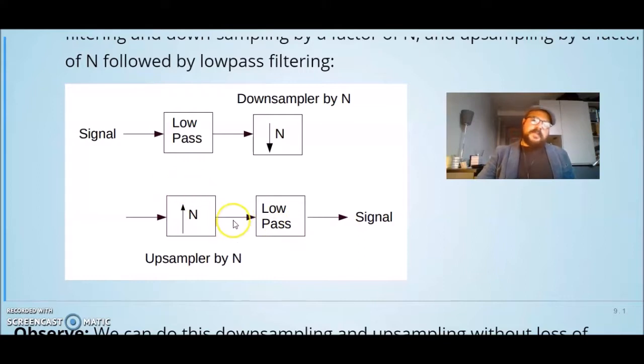So at this point, our signal has a sampling frequency of 32 kilohertz, but it has these alias components that we will remove after we apply a low-pass filter with a cutoff frequency of 8 kilohertz. So now our signal has a sampling frequency of 32 kilohertz and it's band limited to 8 kilohertz.